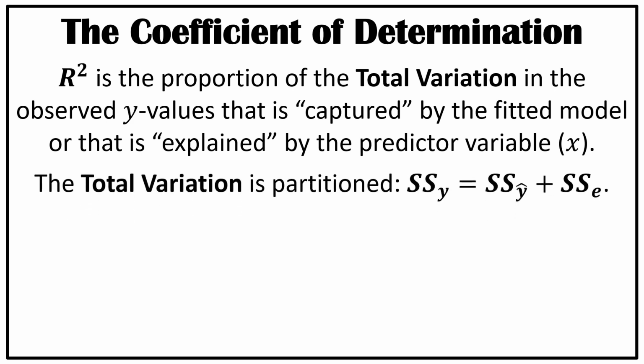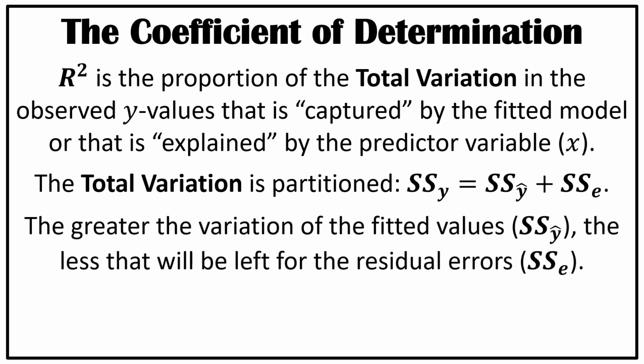So the total variation, of course, as I'm explaining here, is partitioned. So SS with a little y in the corner, that's the variation of your observed values. That's split between a systematic component, that's SSY hat, and a random component due to individual differences, that's SS with a little e in the corner. Now, the greater the variation in the fitted values, so that's the SSY hat, the bigger that number is, the less variation there will be left over for the residual errors.